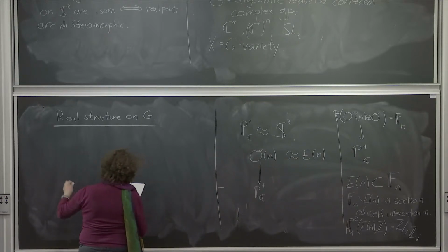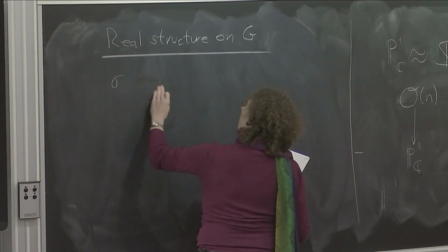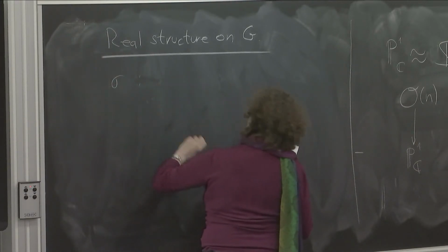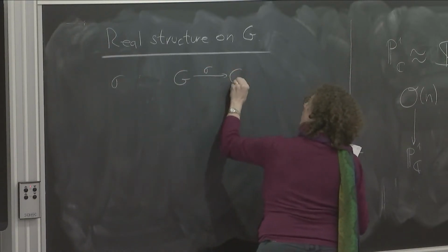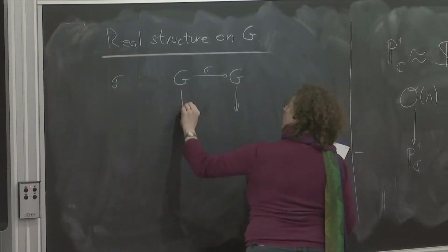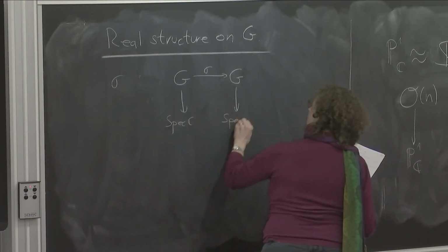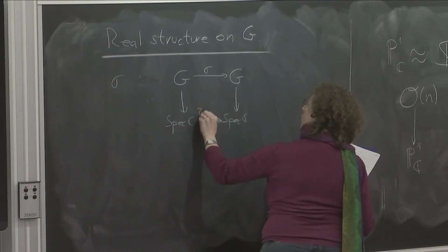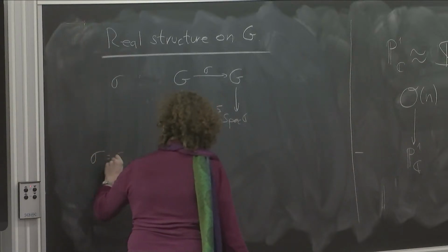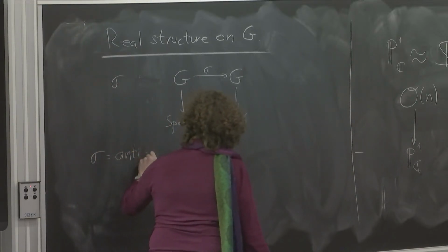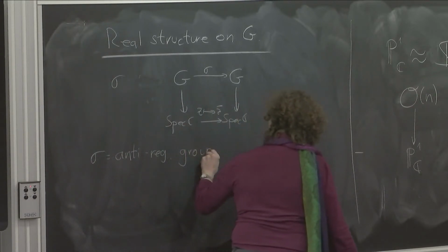So I'm going to say sigma is a real structure of the form sigma: G to G over Spec C, z goes to z bar, and sigma should be an anti-regular group involution.